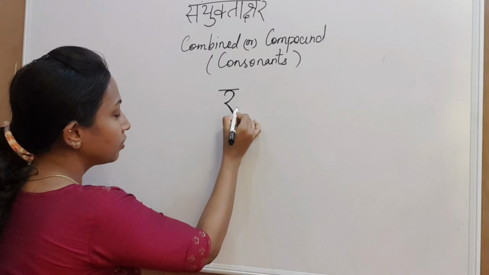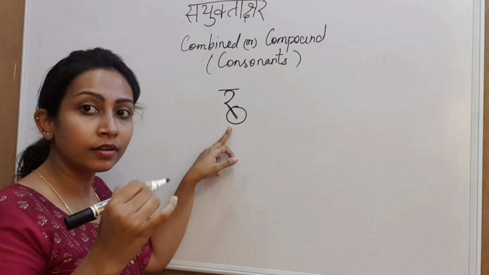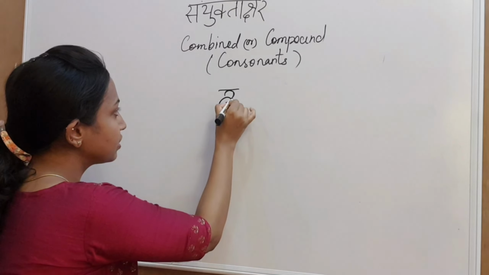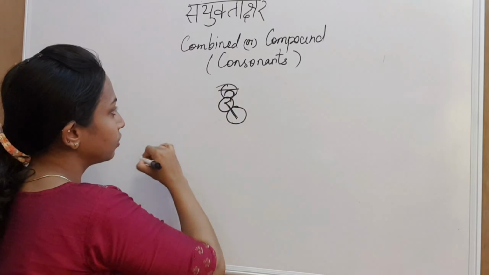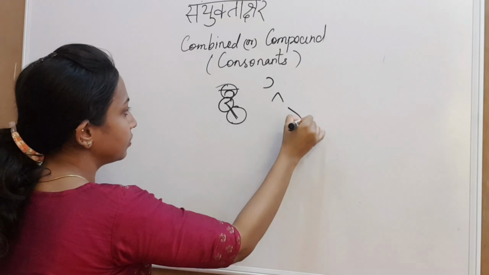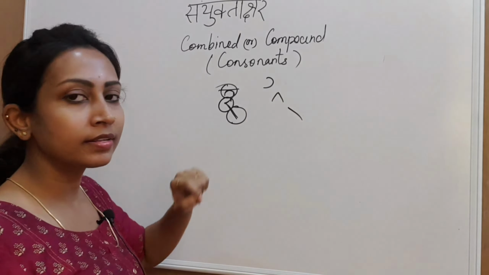First we take this part when we join with another consonant, or else we take this part, or else this part. Like this we can take the letter ra as a half letter.